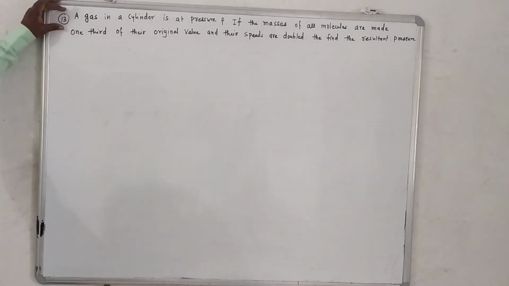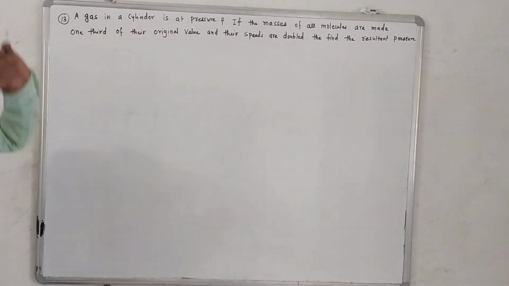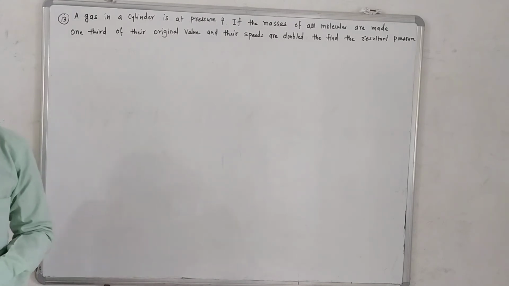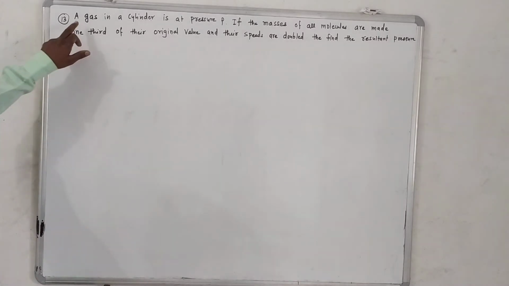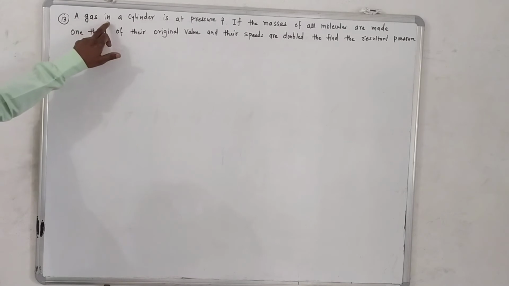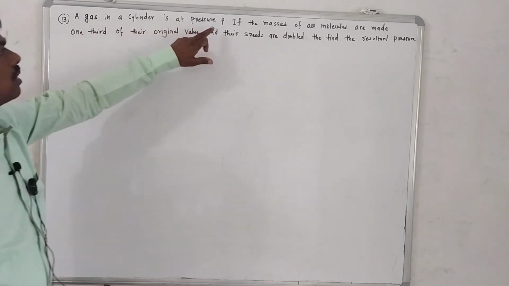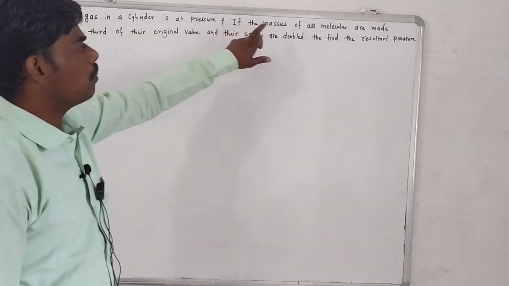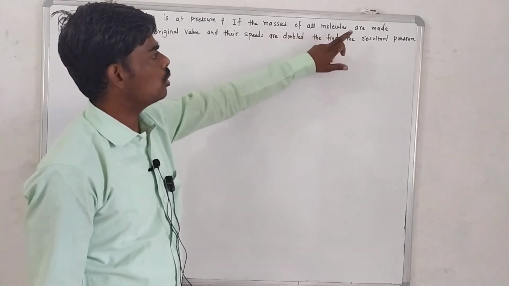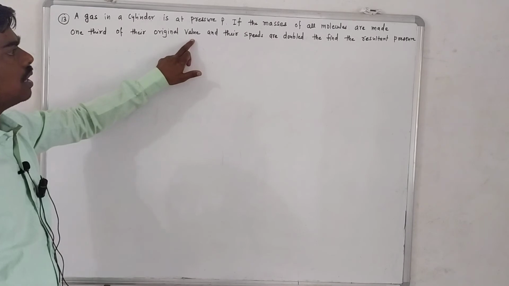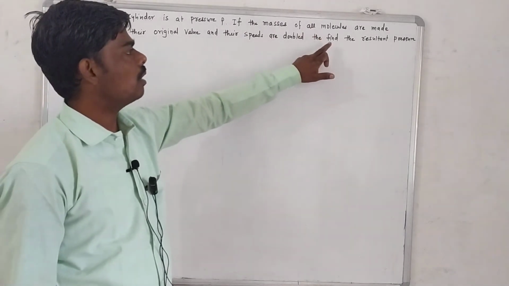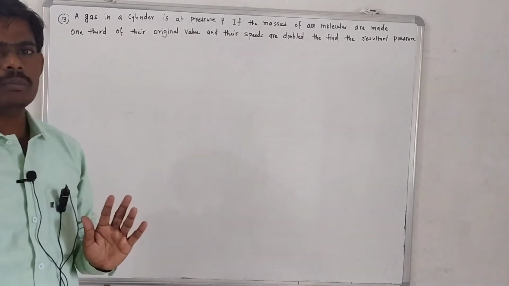This is problem number 13 from the unsolved exercise. The chapter is Kinetic Theory of Gases and Radiation, from the Maharashtra State Board book. Read this problem: a gas in a cylinder is at pressure P. If the masses of all molecules are made 1/3 of their original value and their speeds are doubled, find the resultant pressure.